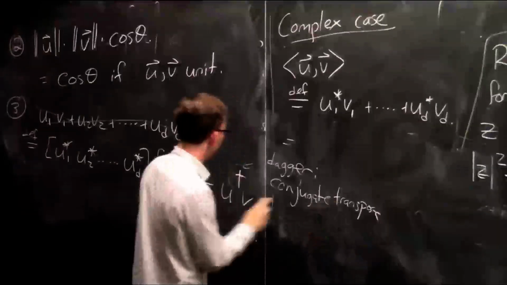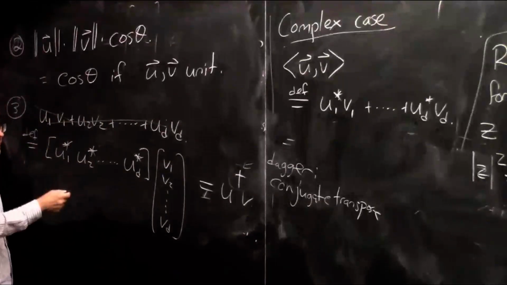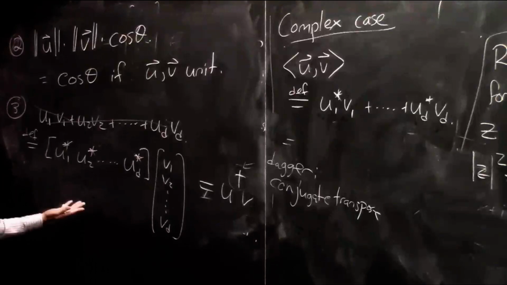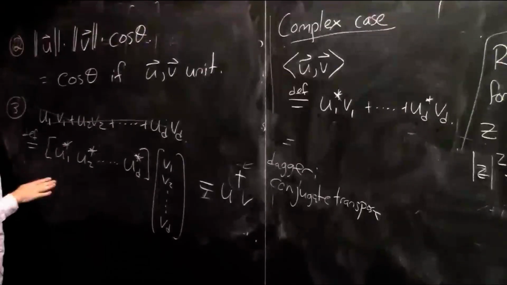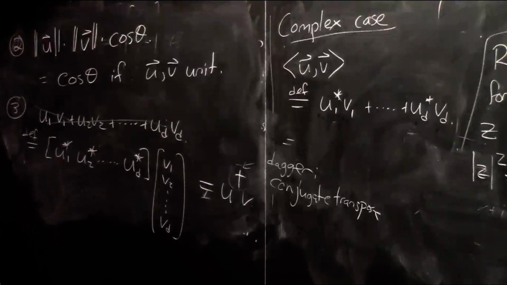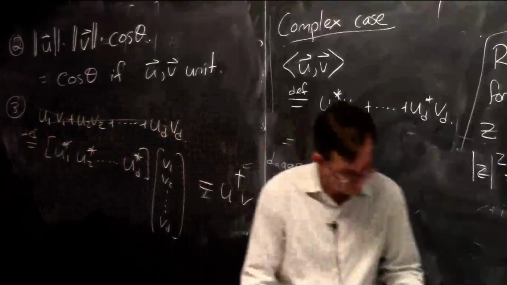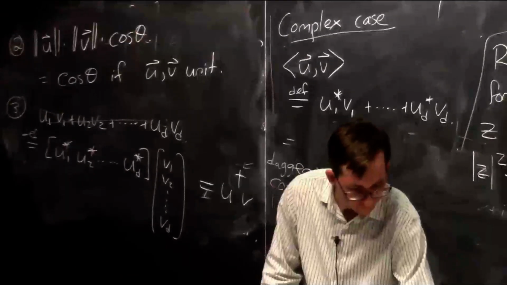What the dagger means is you take the transpose of the matrix, or convert a column vector into a row vector, and you stick the complex conjugate on each entry. You can retain this even as the definition for real vectors, because if you have real numbers, doing the complex conjugate doesn't do anything. So it's back to normal. Any questions? All right. Good.